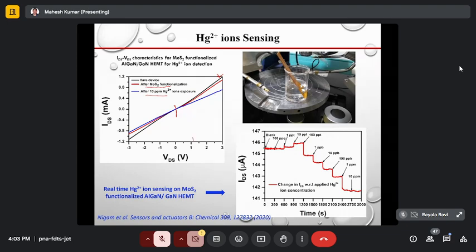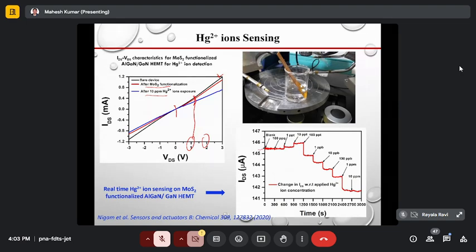We can apply around 1 volt or 2 volt. So we can apply a constant voltage and monitor how the current is changing, and then we can make these heavy metal ion sensors. So this is the real-time monitoring.